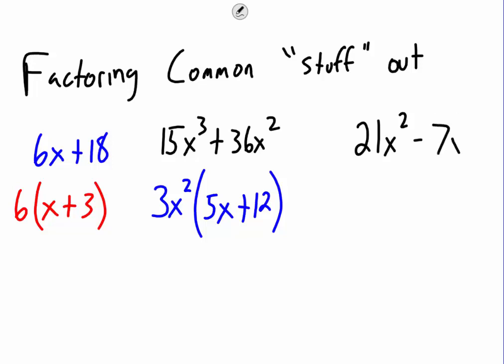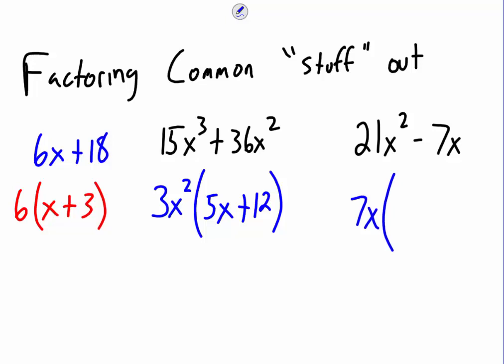I like that one much better. So minus 7x. So first step, we look at the numbers. Biggest number that we can factor out of 21 and 7 is a 7. And then we look at x squared and we look at the x, the smaller amount. The x is the biggest amount that we can pull out. So we're factoring out a 7x.